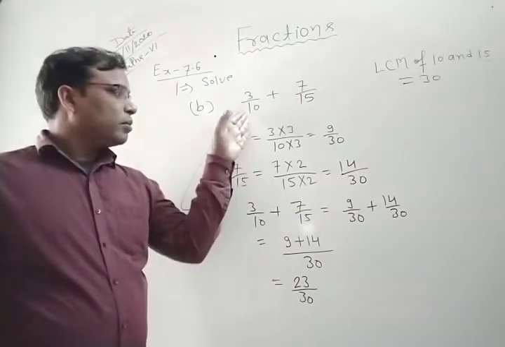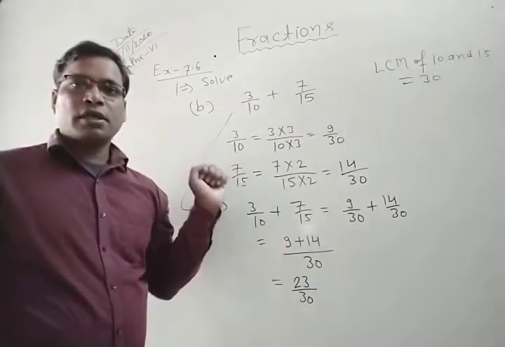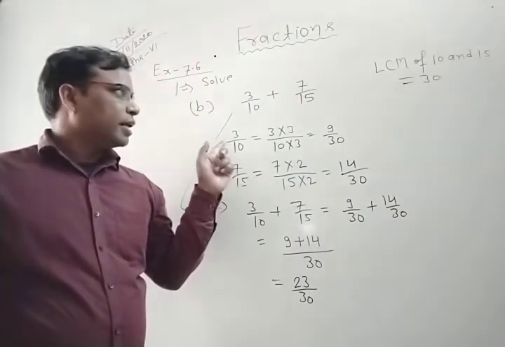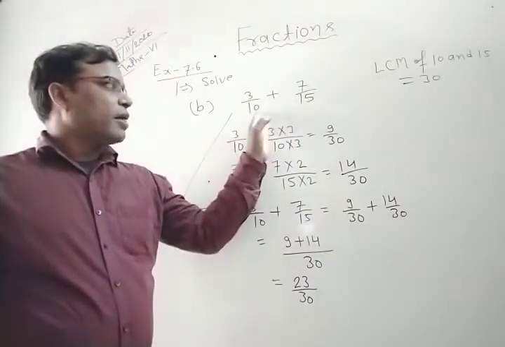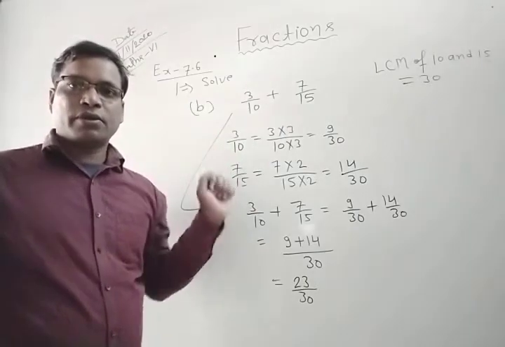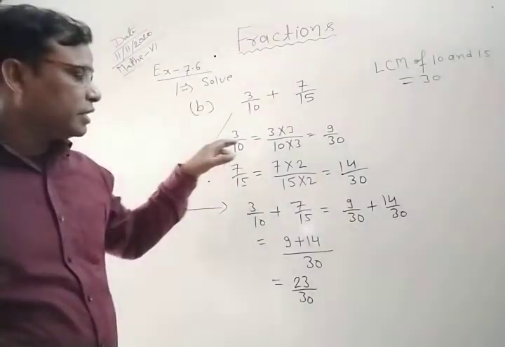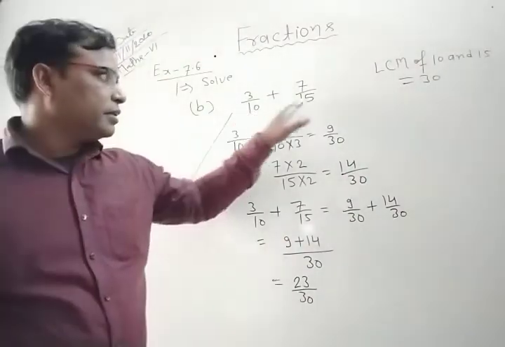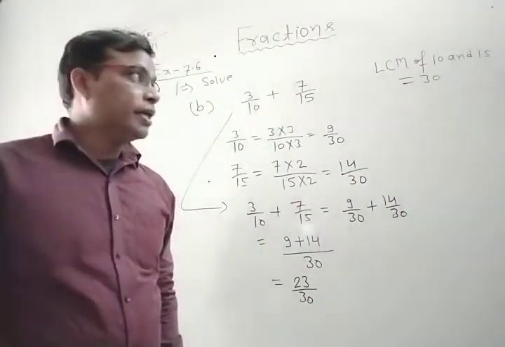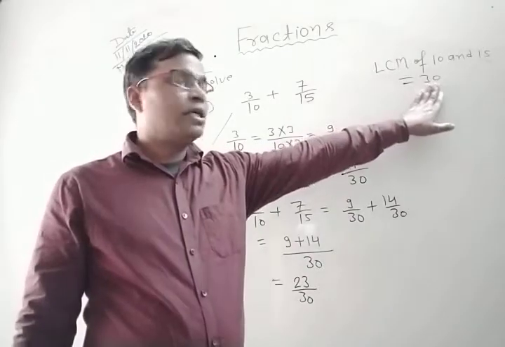Both fractions are unlike fractions. Why are they unlike fractions? Because their denominators are not equal. So first we convert them to like fractions. How can we convert them? First we find their LCM. So LCM of 10 and 15 is 30.